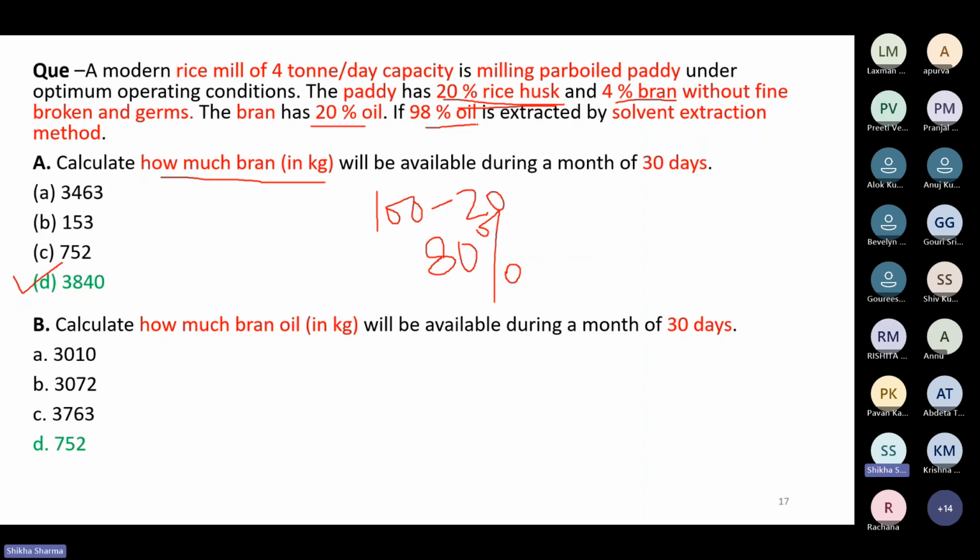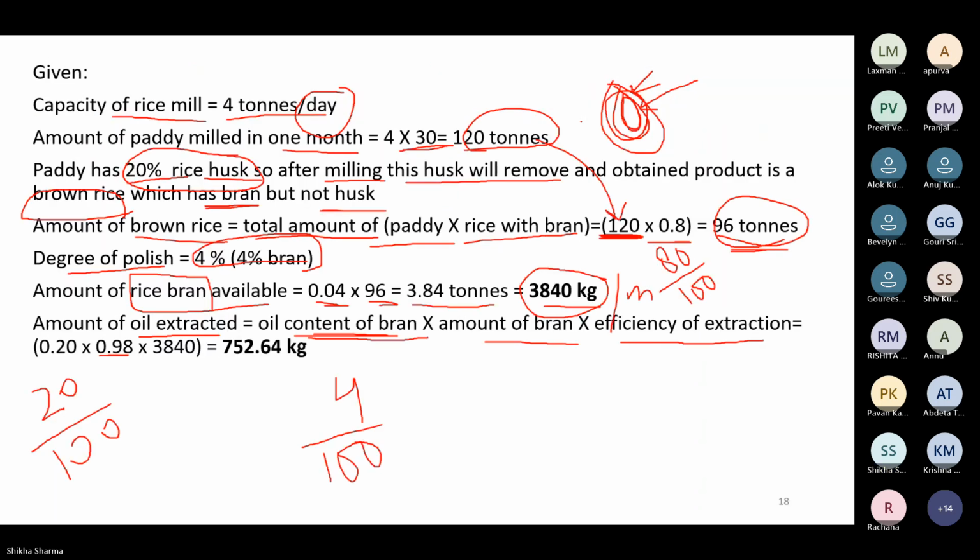If 98% of the oil can be extracted, since extractors cannot have 100% efficiency, this extractor has 98% efficiency. So into 98 divided by 100.